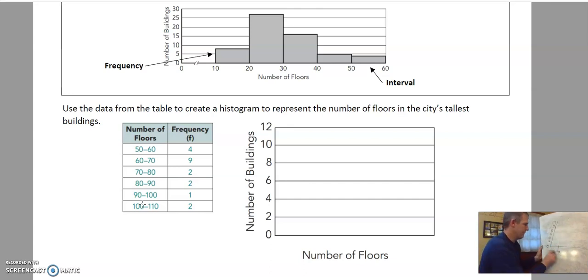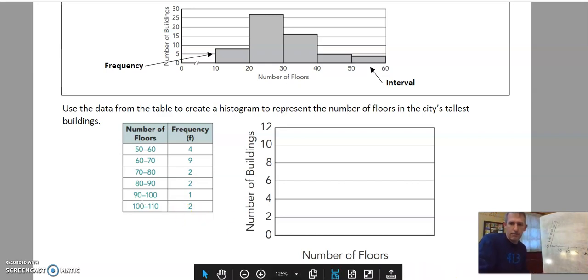No, I'm sorry. 50 to 60. 60 to 70. 70 to 80. 80 to 90. And 90 to 100. Okay?